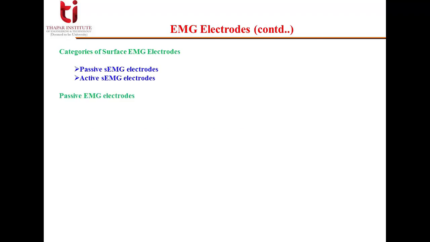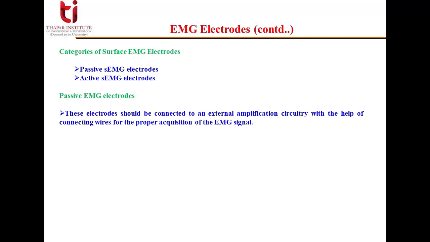Now we have two different categories of surface EMG electrodes: they can be passive, or they can be active. Passive EMG electrodes should be connected to external amplification circuitry with the help of connecting wires for proper acquisition of the EMG signal. These electrodes can be disposable or reusable.